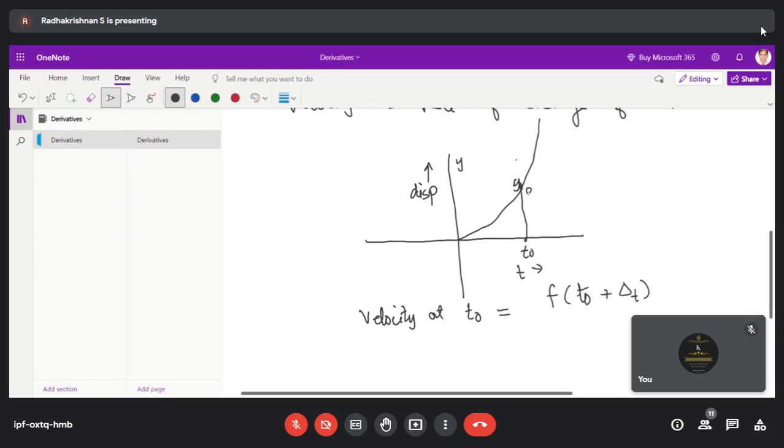What we have to do is take a small amount of additional time and see how much additional distance it goes. So that will be f of t0 plus delta t, and we have to subtract from that the original y value, which is f of t0.